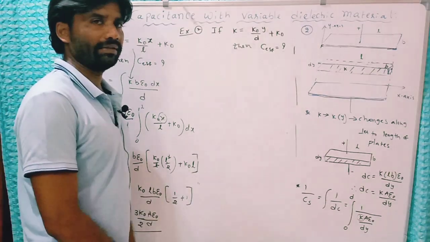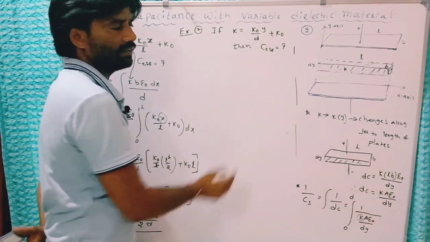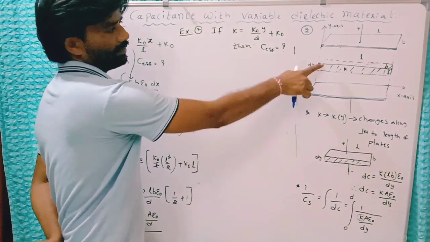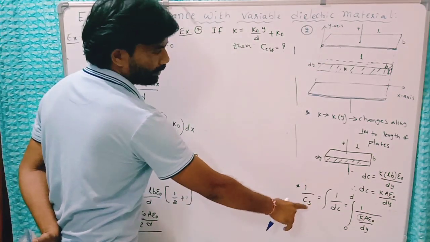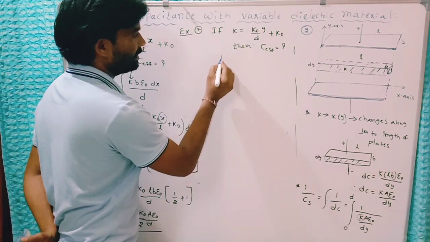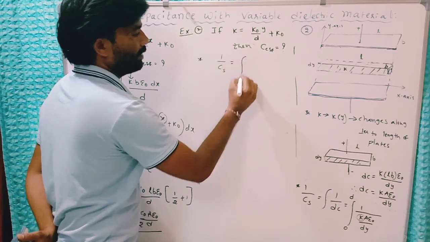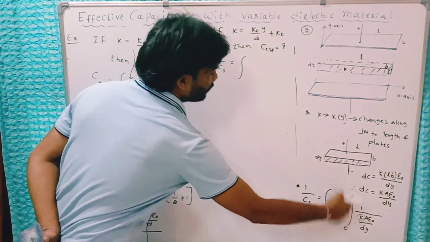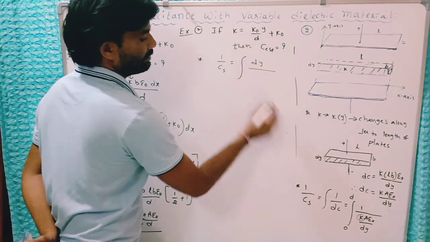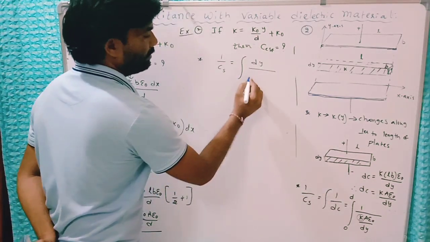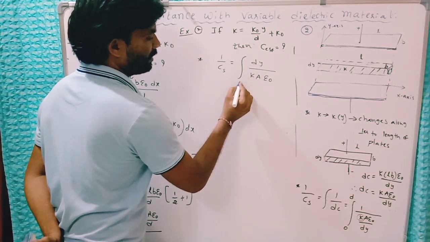Now another example. If K changes along the y-axis according to this equation, then what is its effective capacitance? Already we have written the formula for the reciprocal of effective capacitance, that is 1 by Cs equal to the integration of dy in the numerator by K A epsilon naught, with limits from 0 to d.